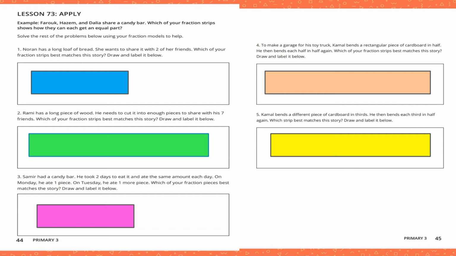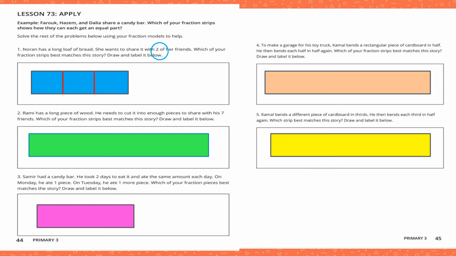So we have Nuran and the 2 friends. We will cut it between Nuran and 2 friends. So we have 3 persons here. So we will cut it into how many parts? 3 parts, because we have 3 persons.